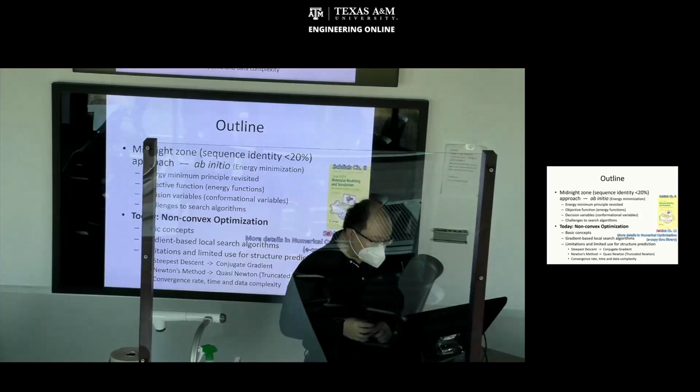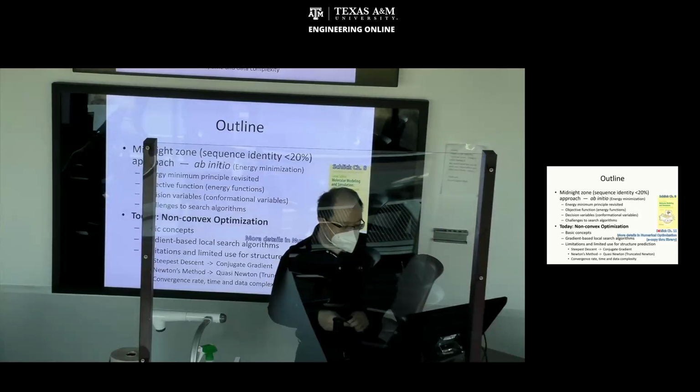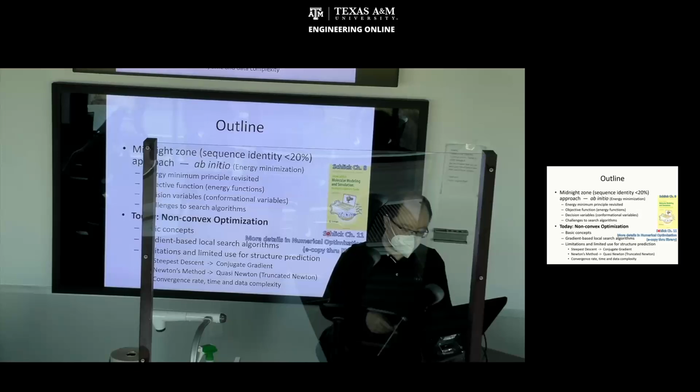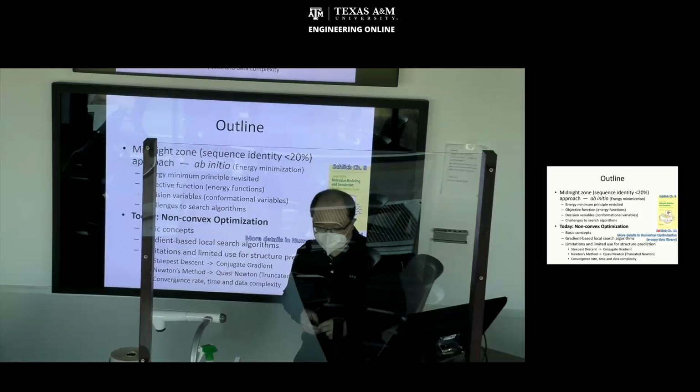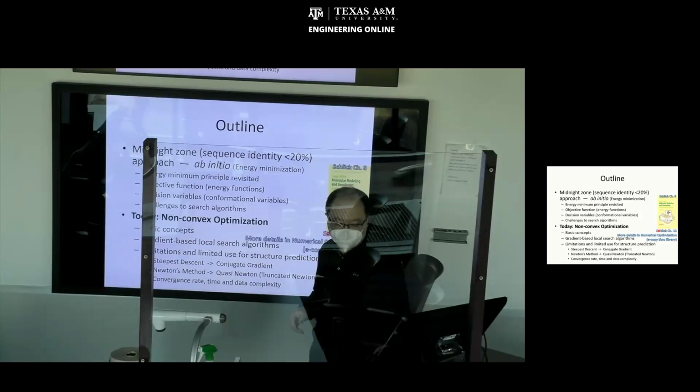So we're going to talk about non-convex numerical optimization, and we start with gradient-based local search. We're going to talk about the basic concepts and give you some introductions about different kinds of gradient-based algorithms. But I also want you not to just know these different gradient-based algorithms for the sake of knowing.